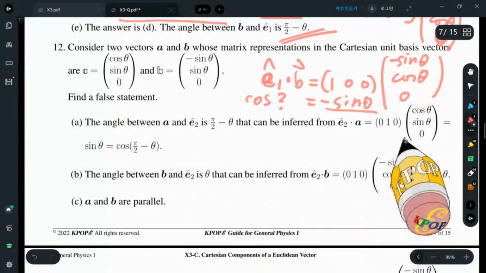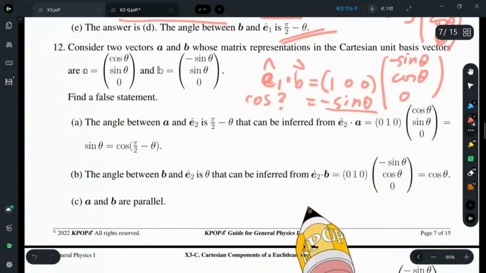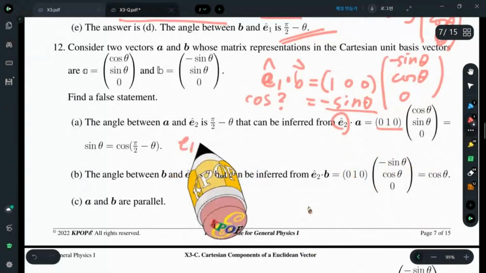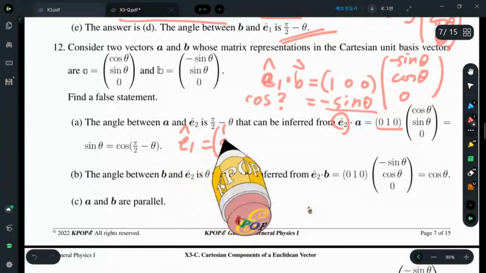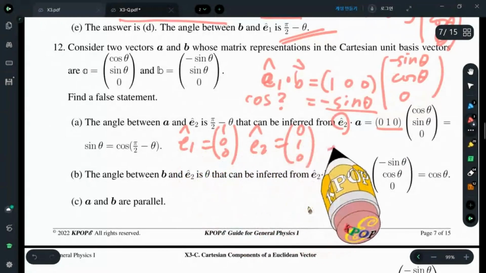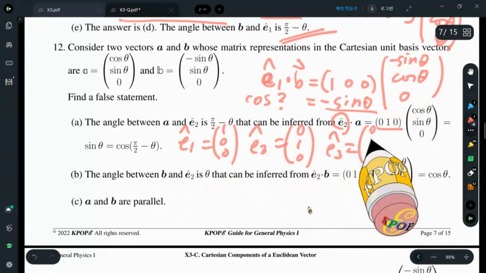You do this job, it is simple. E1 hat is 1, 0, 0. E2 hat is 0, 1, 0. E3 hat is 0, 0, 1.